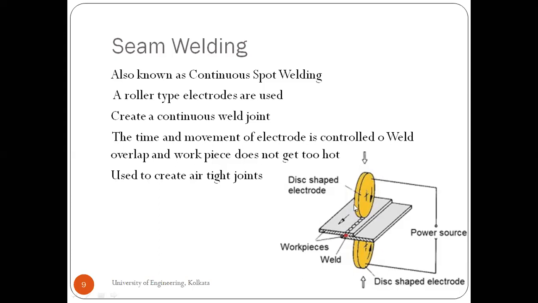However, here we use rollers, and these rollers move in such a manner that as the workpiece passes between the rollers, the electrical current passes through the workpiece, which acts as the resistance towards the flow of current from the top roller to the bottom roller, and along with that mechanical pressure is also applied.